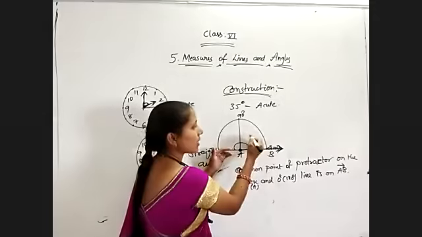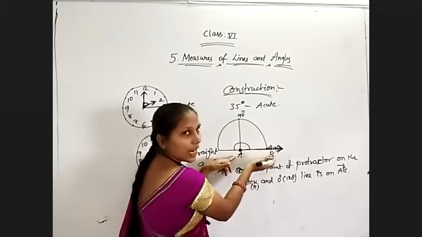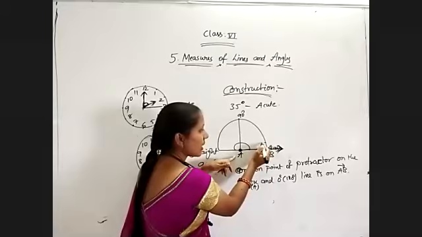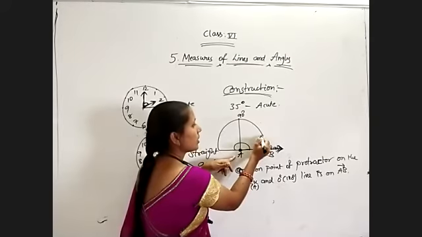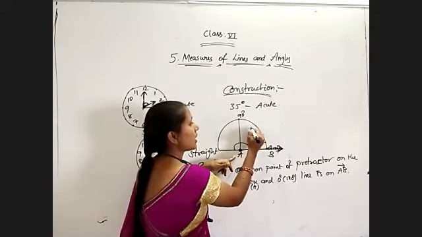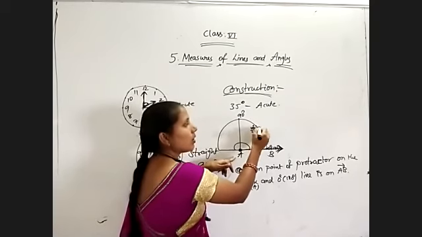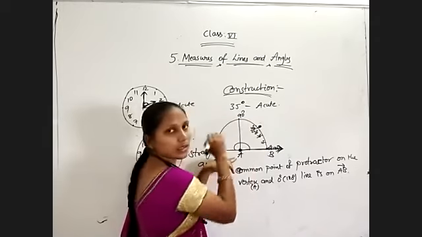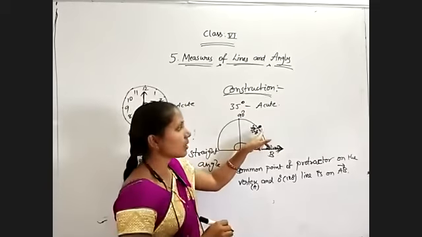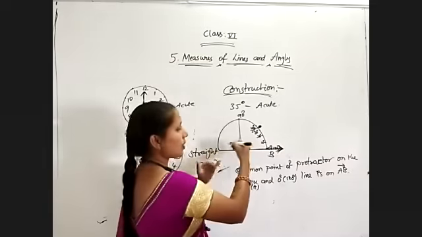So on the protractor, where is 35 degrees? 0, inner values, okay? 0, 10 degrees, 20 degrees, 30 degrees, 40 degrees. Between 30 and 40, you will get the fifth line, that is 35 degrees. So mark that point, 35 degrees, with the pencil and remove your protractor.